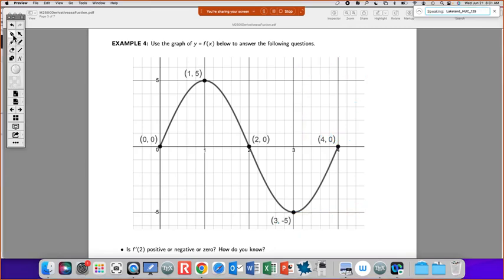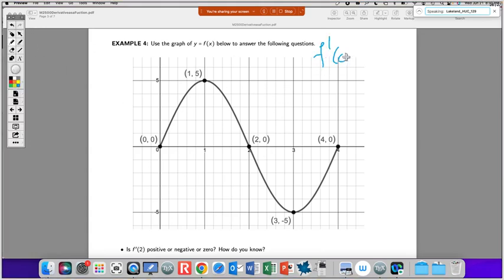Which is larger, f prime at 0.4 or f prime at 0.8? So come over here. Here's 1. So 0.4 would be there, and then 0.8 would be there.